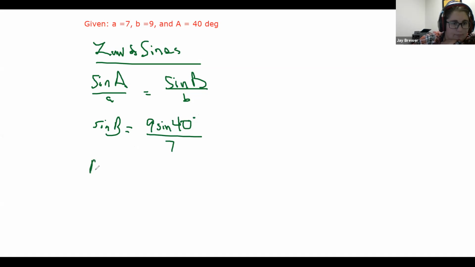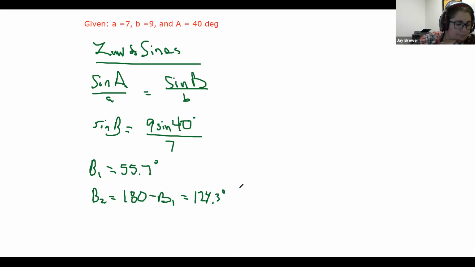There is, right? So B1 ends up being 55.7 degrees. So if you take that from 180, you end up with 124.3 degrees.